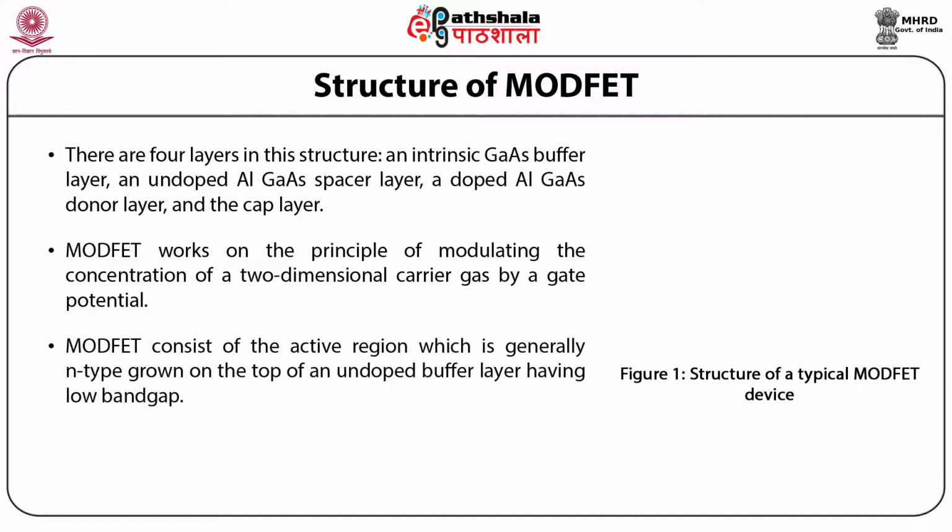The most basic construction of a MODFET consists of the active region, which is generally N-type, grown on top of an undoped buffer layer having low band gap. This precedes the growth of high band gap doped material.